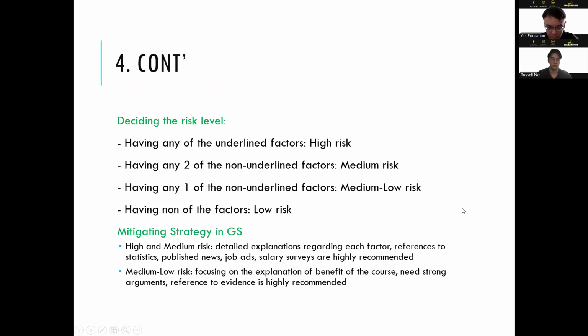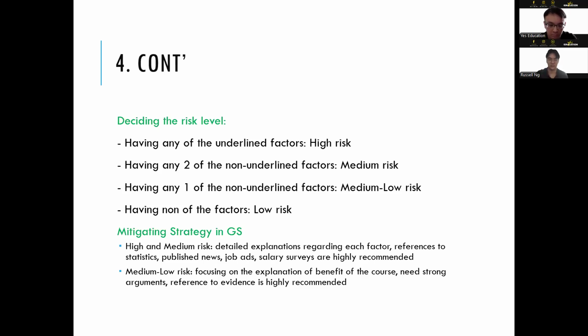You need to put references to statistics, published news, job advertisements, salary surveys. These things are highly recommended in the benefit of the course chapter to talk about what kind of good job, what kind of career potential you have after completing this course.